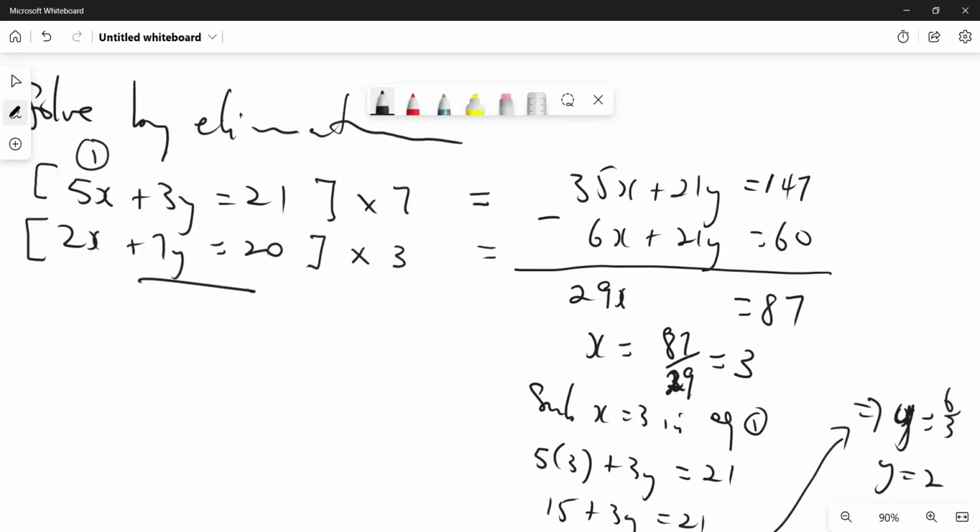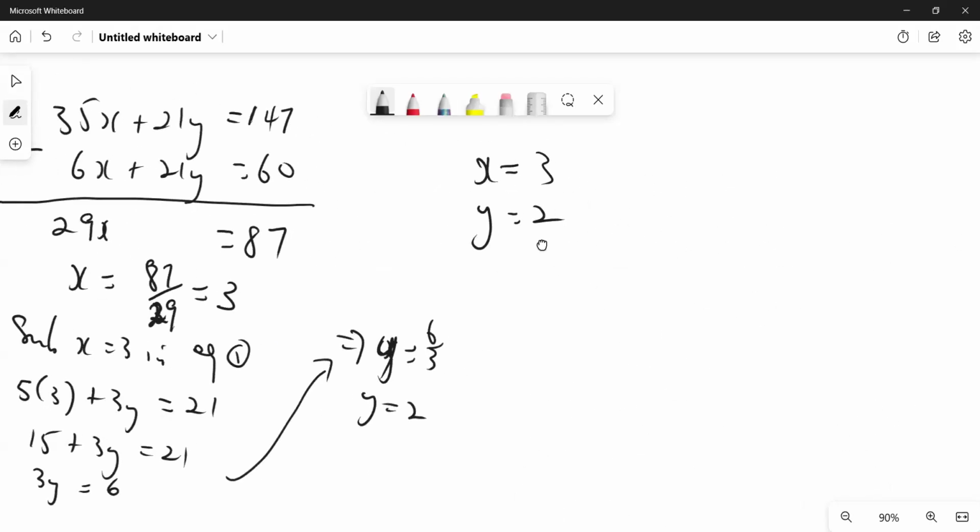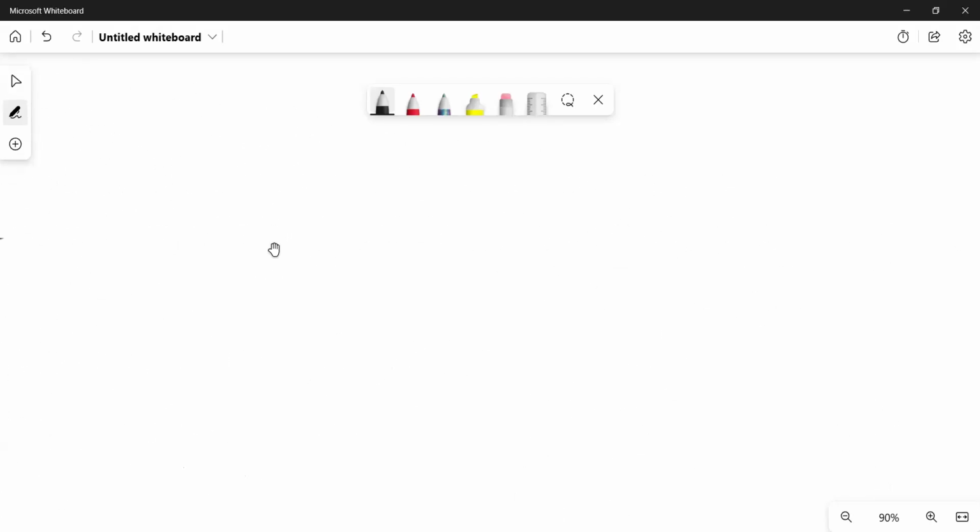Let's maybe do one last one. As I said, well, I didn't say it before, we can't touch on all the types of equations that they could bring that involve simultaneous equations, right?